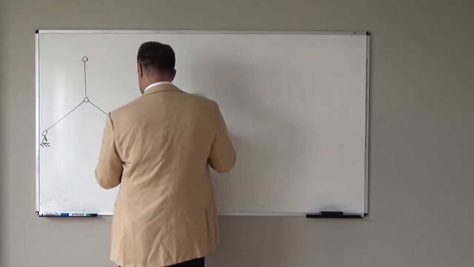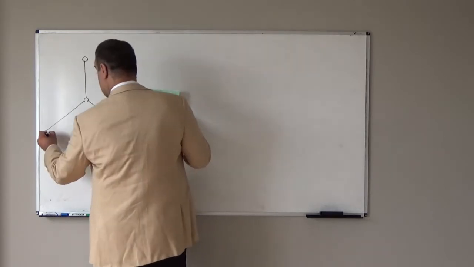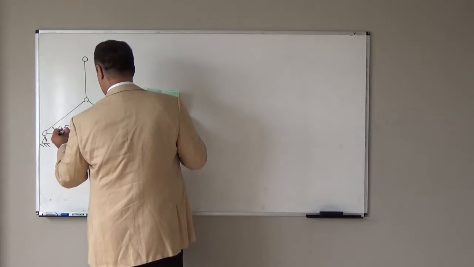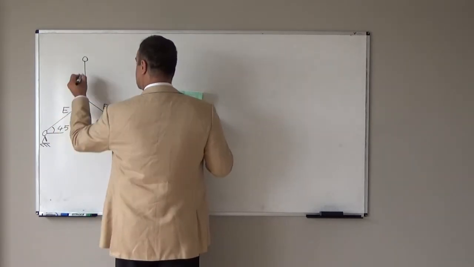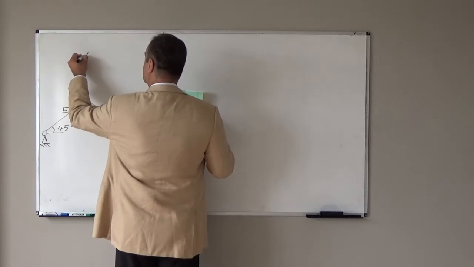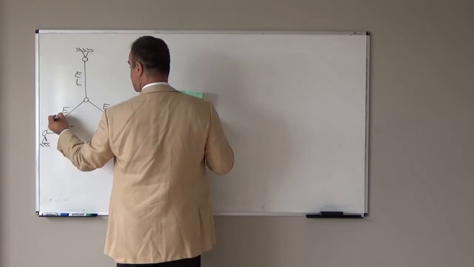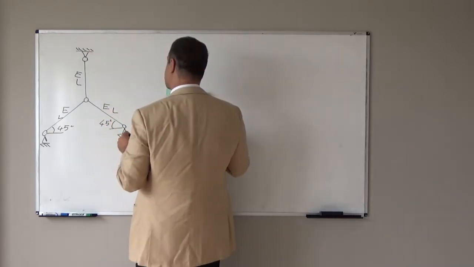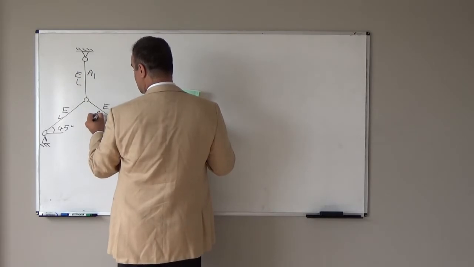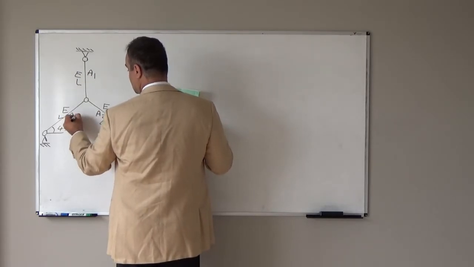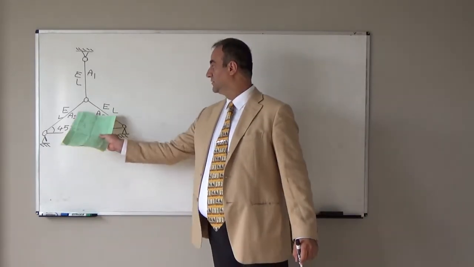Three rods. This angle is 45 degrees, and this angle is 45 degrees. Young's modulus is E, E, E. Length is L, L, L. Cross-sectional area for this member is A1, and for these two members it is A2. So A2, A2, A1.